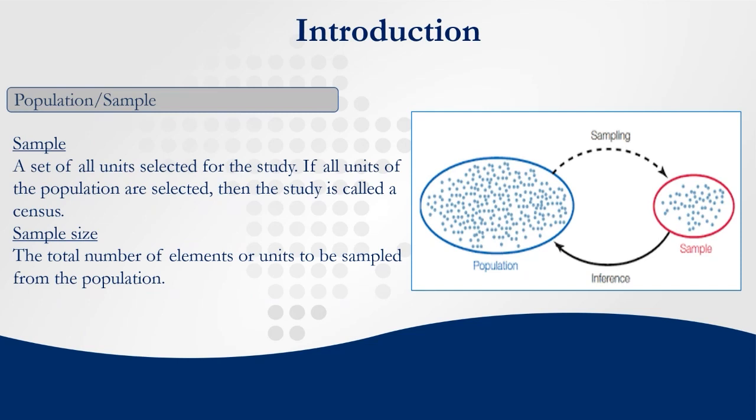So if I want to investigate something about the postgraduate population at UNISA, the MND students for instance, and I measure it from all the MNDs, then I would have the true population value. If I am measuring the average age, and I get everyone's age and an average, I would have the true average age of the UNISA MND population.